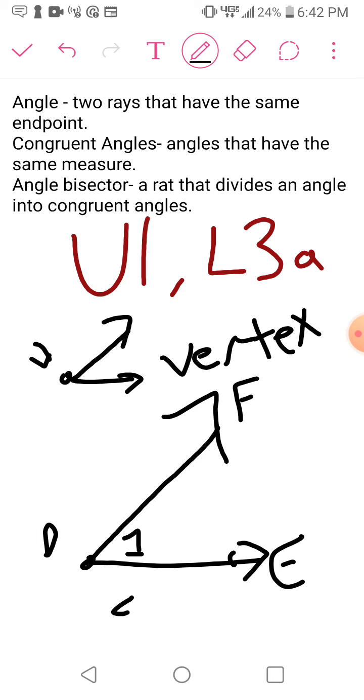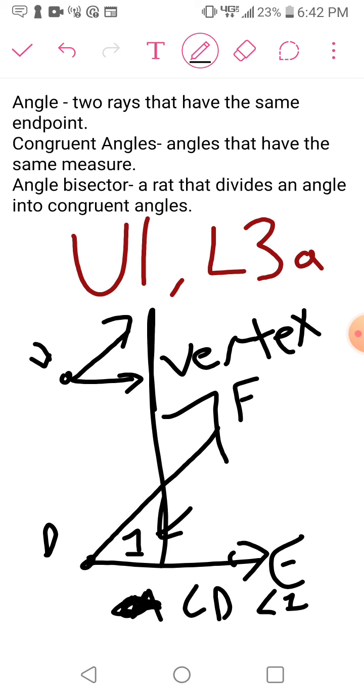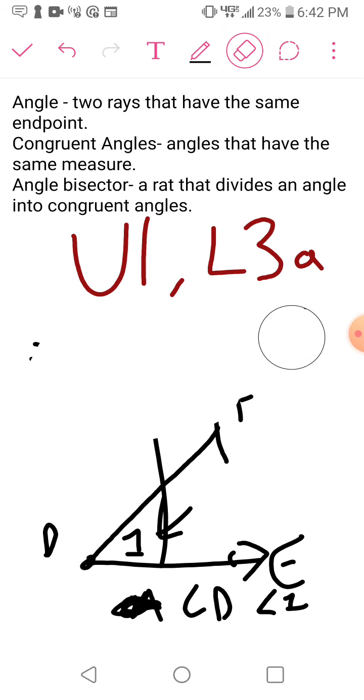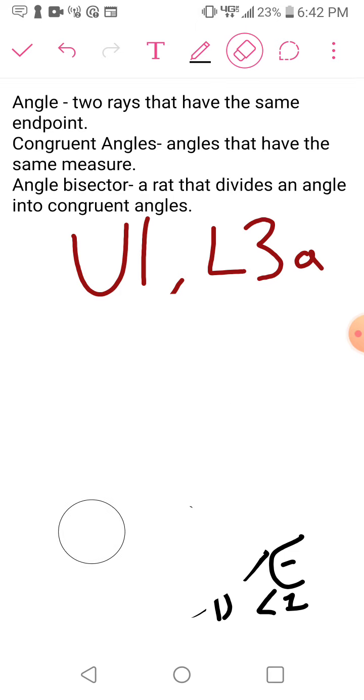You can name it by using one of the letters. So angle A, well, sorry, that's not even a letter that's on there. Angle D, or you can say angle 1, because that's what that 1 means, the angle number. And then something else you could do, I'm going to redraw it here for a second.